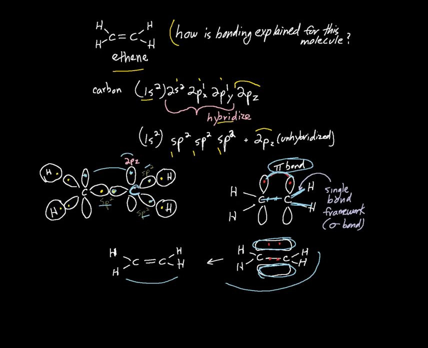And the interesting thing here to point out is that notice we draw the double bond, as we call it, as two lines, but the orbital picture clearly shows that one of the lines is a sigma bond.